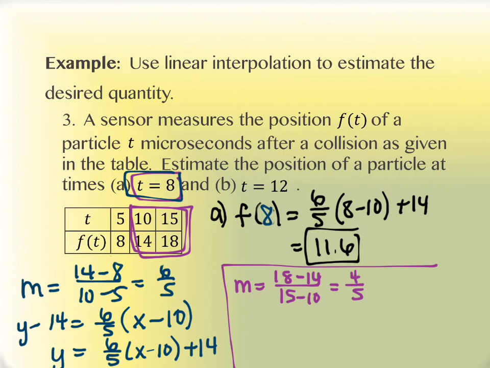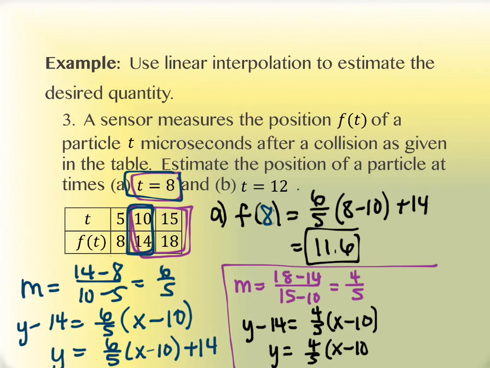Which one's closer to 12? Yeah, I'm still going to use the same x1 and y1 as I did on the first equation, but I have a different slope. So my y minus still 14 equals my slope value, which I found was 4/5, times x minus 10. And I'm going to go ahead and move the 14 over.